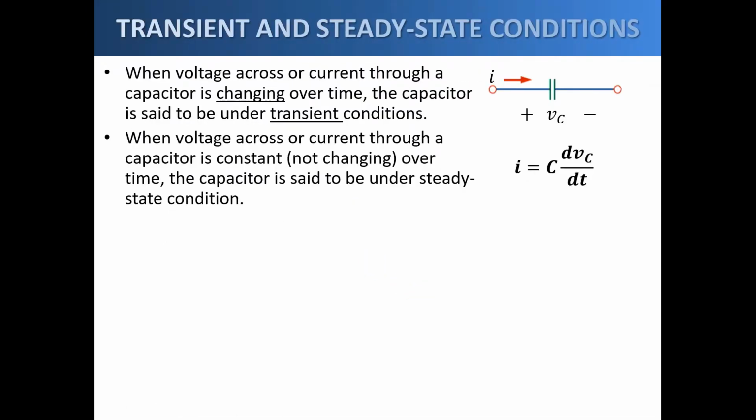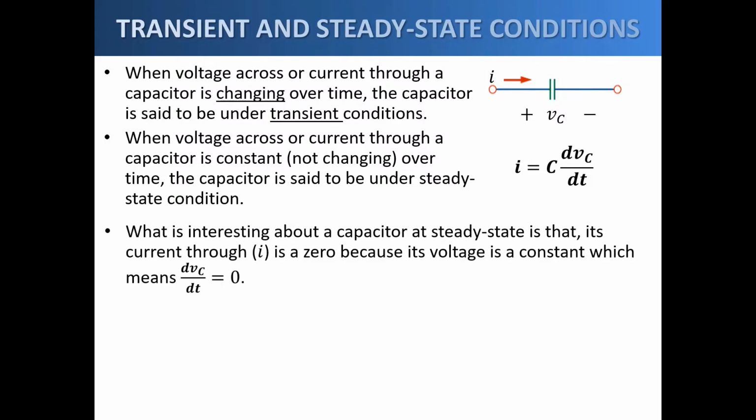A capacitor can either be in a transient state or in a steady state. A capacitor in a transient state means that the voltage across it and the current through it are changing over time, while for a capacitor in steady state, the voltage and currents are all constants, or could be zero. What is interesting about a capacitor in steady state is that its current is zero because the voltage is constant.